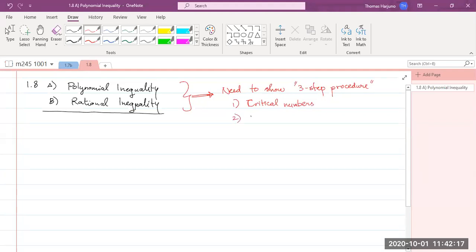Second, construct the sign graph. And the third one, summarize the solution. Every polynomial inequality should be done in these three steps.